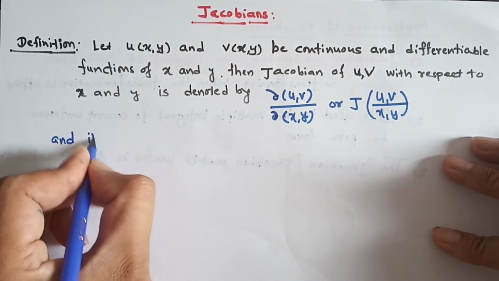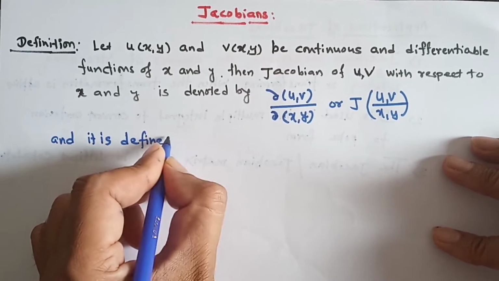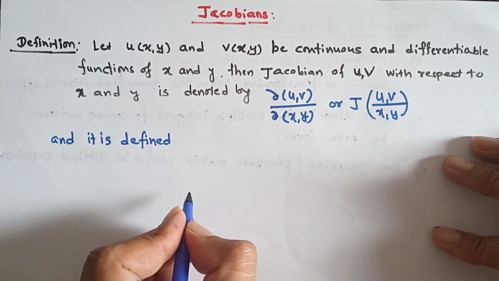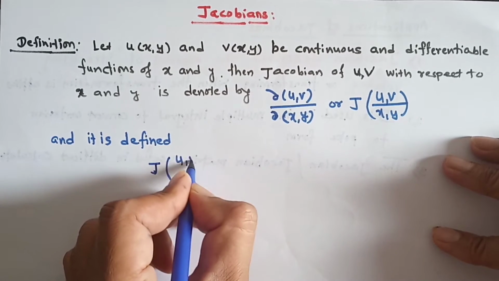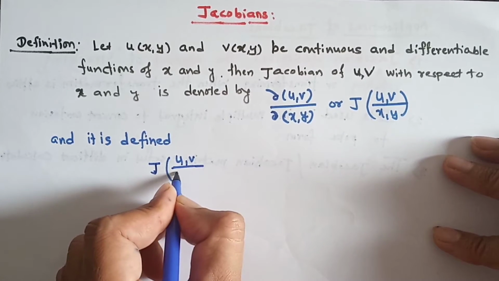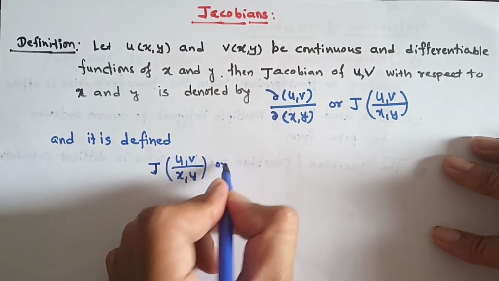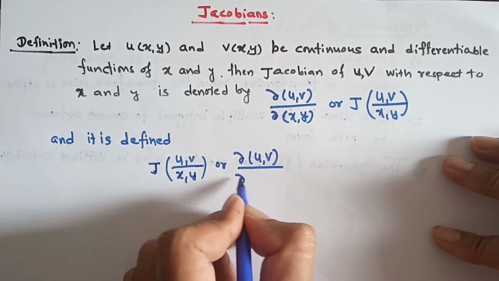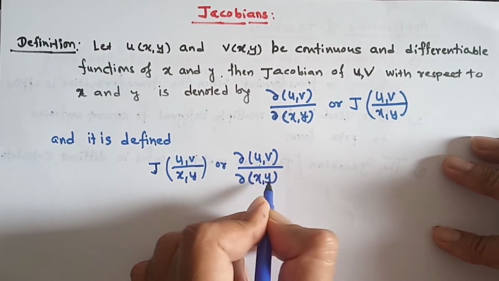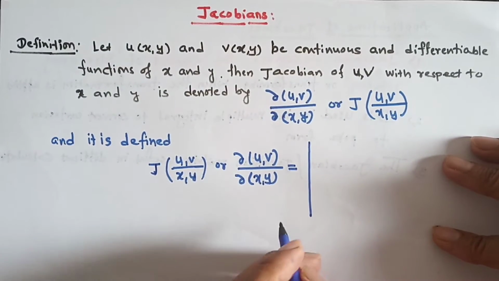So Jacobian is defined as: Jacobian of u, v with respect to variables x and y, or we can also write this as delta of u, v with respect to x, y, is equal to the determinant.